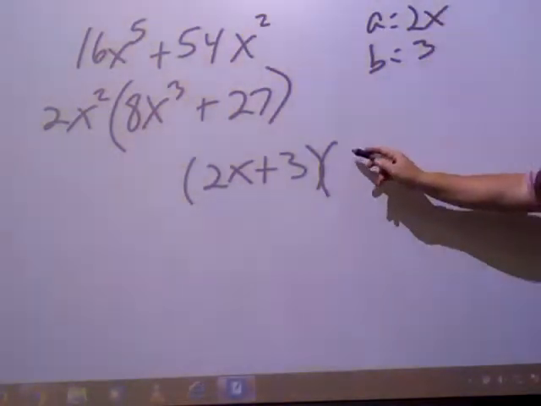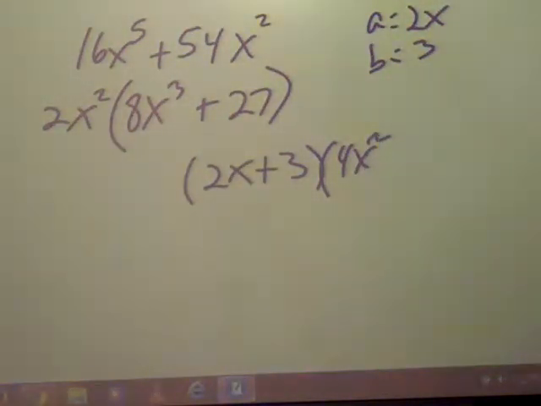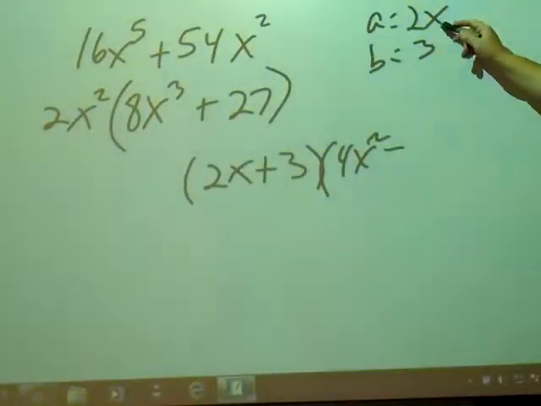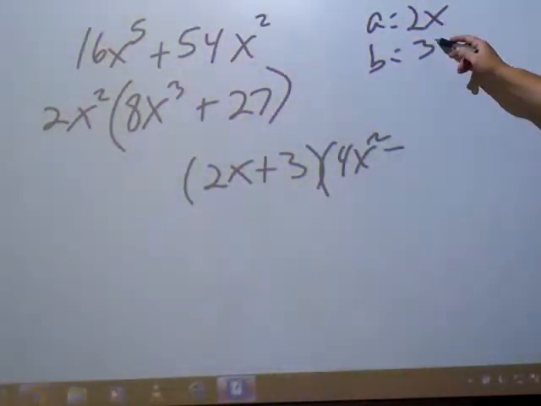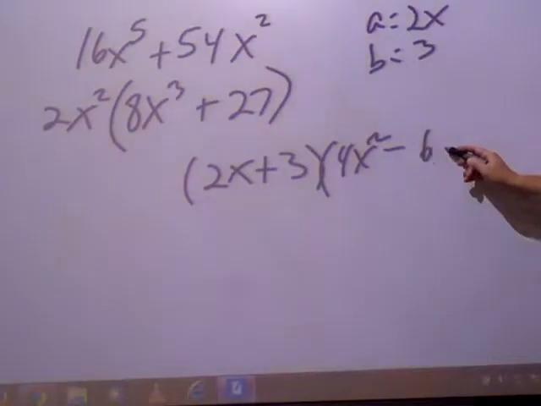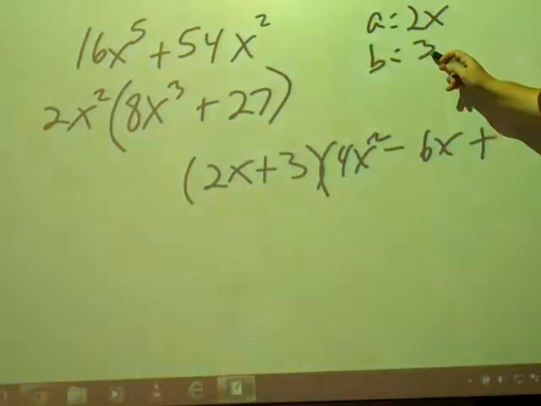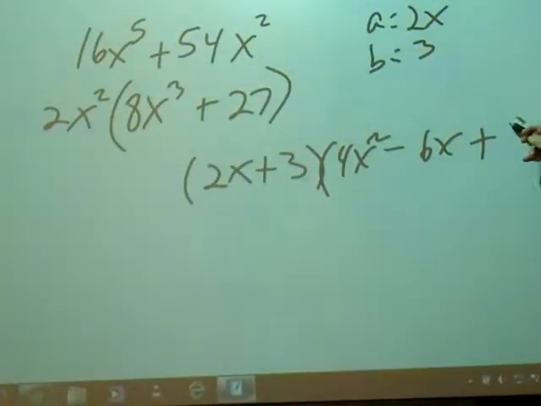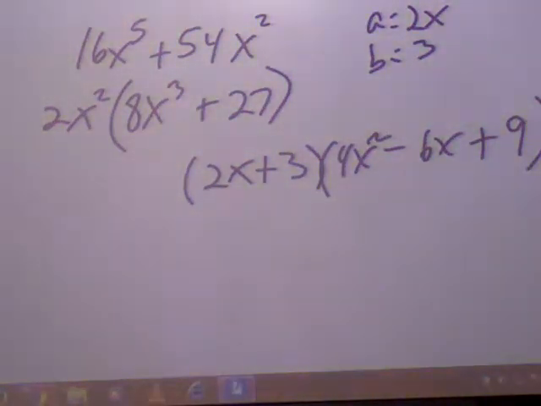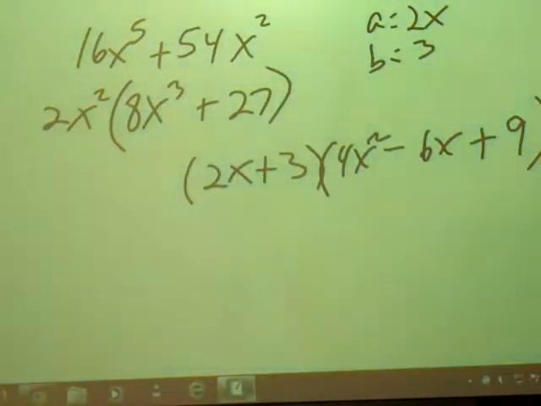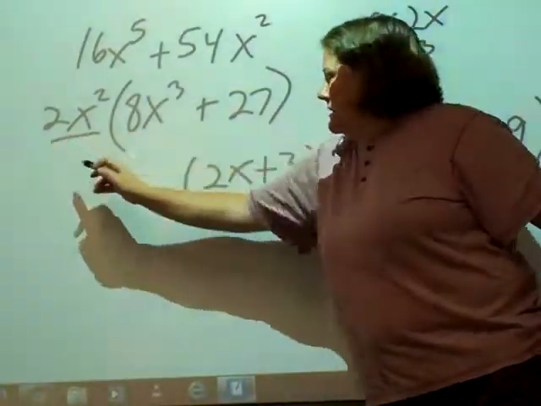So that'll be 4x squared, minus A times B, 2x times 3, 6x, plus B squared, 9. That's as far as I can go with that, but I need to add one more piece to my answer: the 2x squared. Gotta bring this down, don't I?